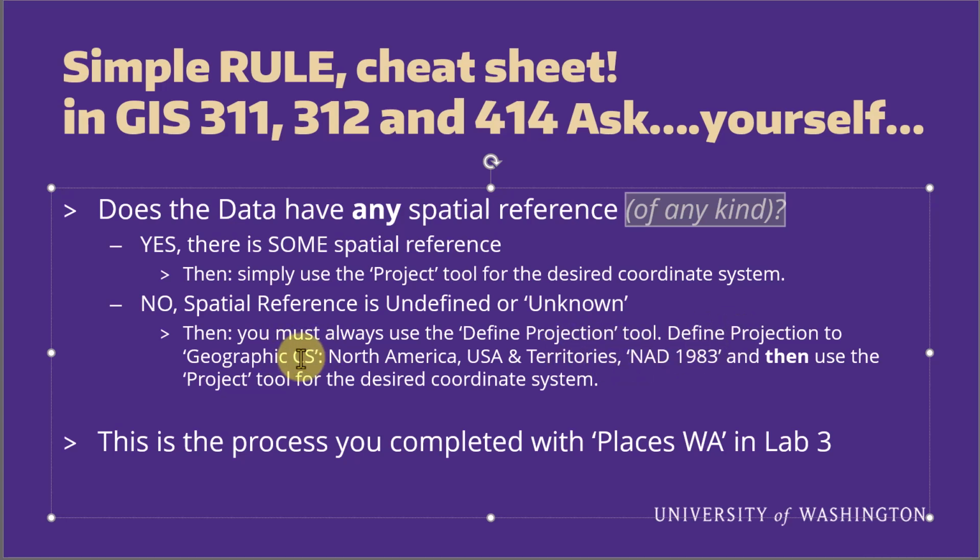Define projection to geographic coordinate system, North America, USA and territories, NAD 1983, and then use the project tool for the desired coordinate system. And this is the process you either completed or will complete with places WA, that's the data in Lab 3. And again, you must also keep track of your coordinate systems for all of your data within your map so that you can get them all to line up.